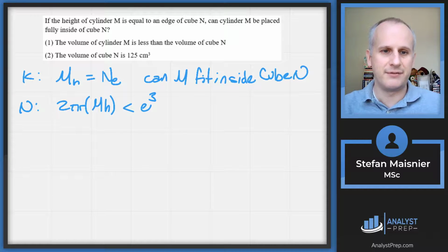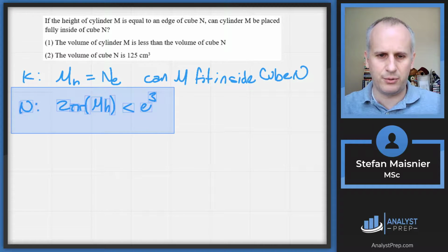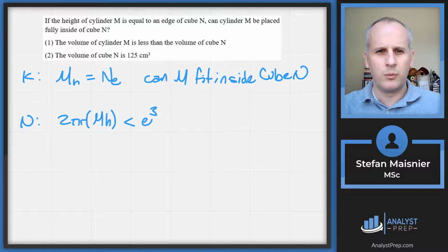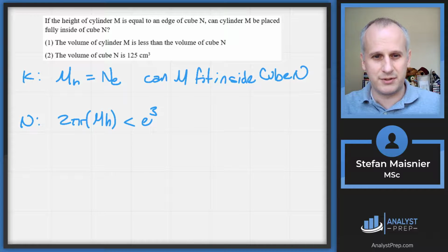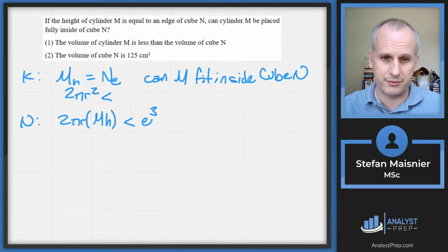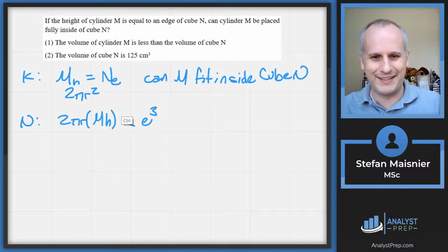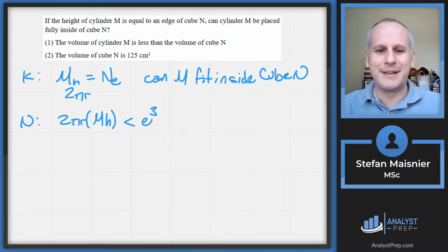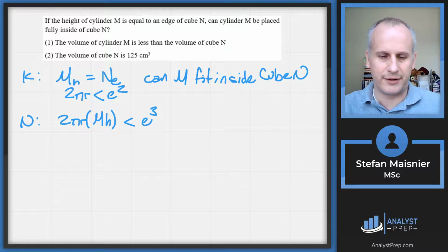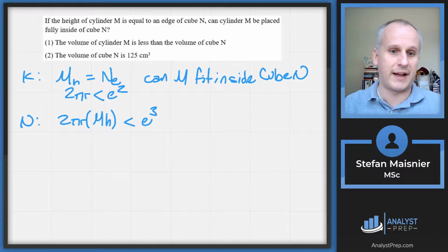But because of the information that we were already told, we know that the mh and the e cubed are basically the same, so we just need to determine if 2 pi r is going to be less than e squared is what we're being asked for, because we know that the height of the cylinder and the cube can basically cancel out.